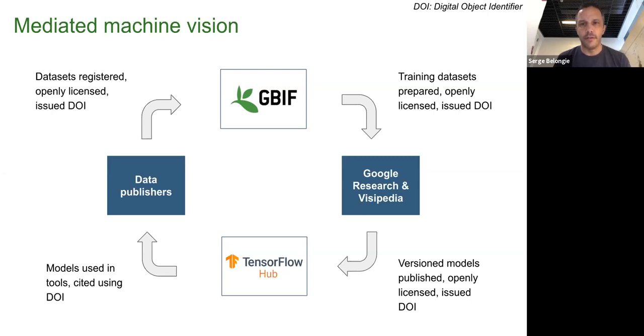And then researchers at Google or Visipedia can select an appropriate deep learning architecture, for example, ResNet 50, and train it, produce the model weights, and then the contributor of the data set can publish the data set and the model on TensorFlow Hub or TF Hub. And that then is assigned a DOI as well. So the data set gets a DOI and the model gets a DOI.